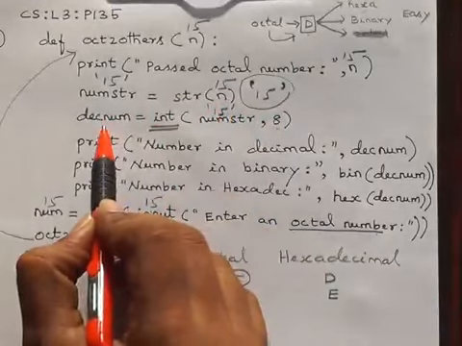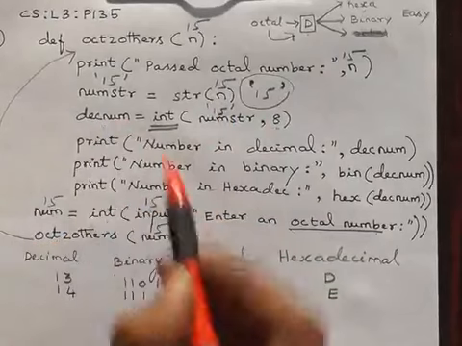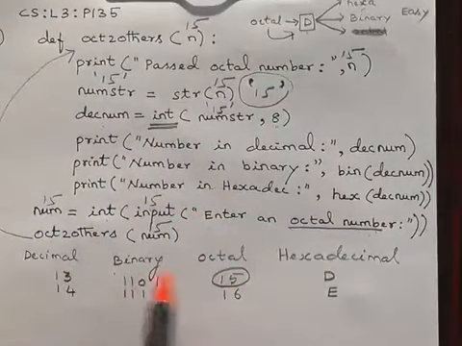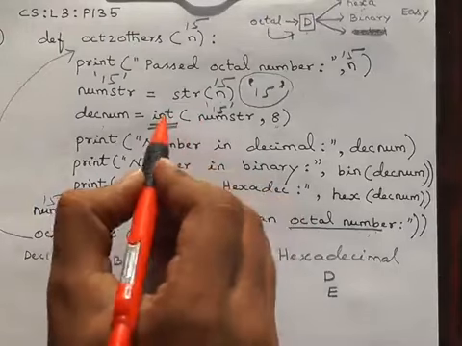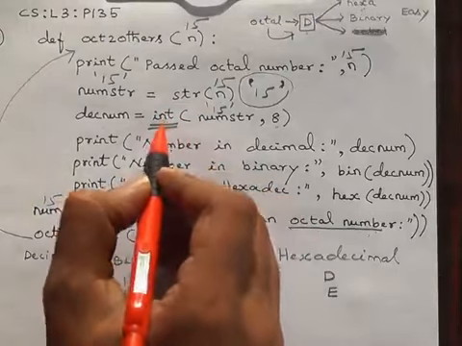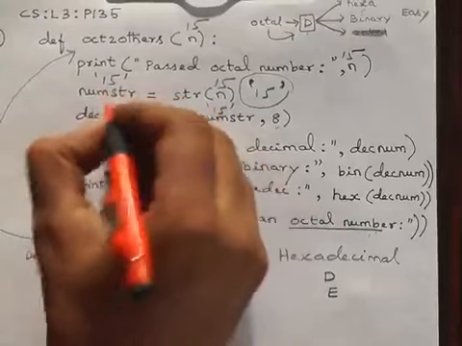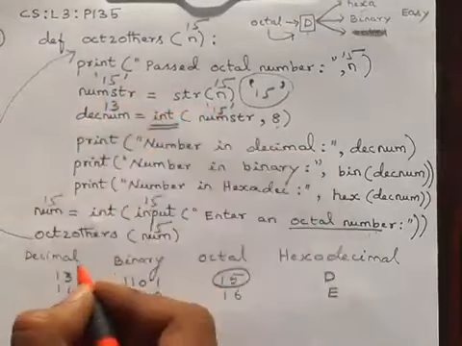Okay. So here what will happen now? What is the decimal value of 15? The decimal value is 13. So because of this int function, this 15 is converted to 13.